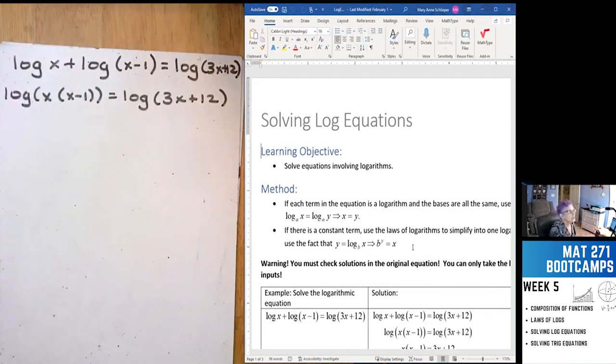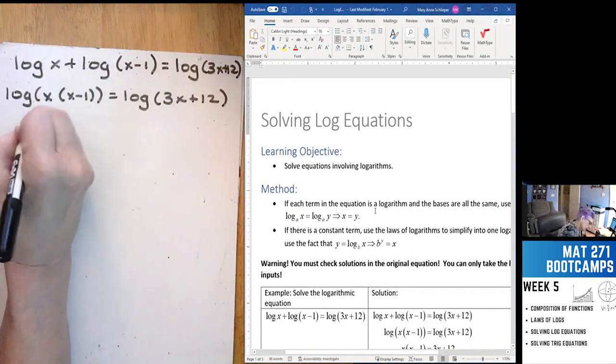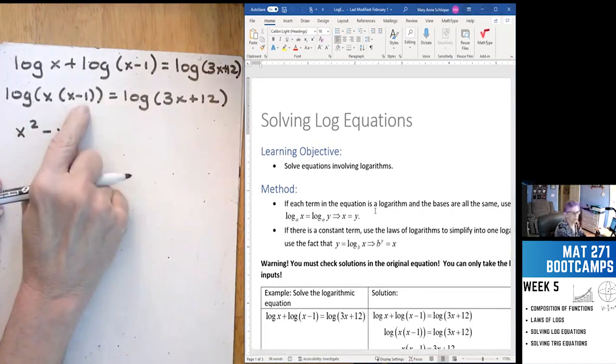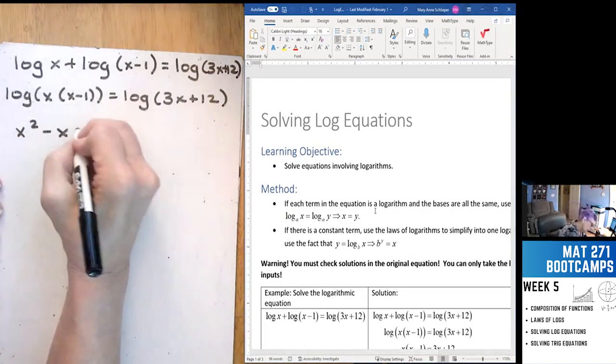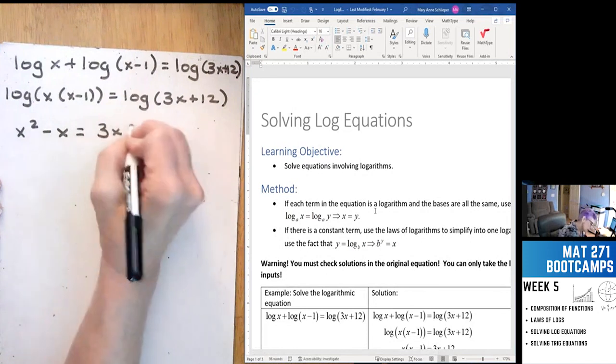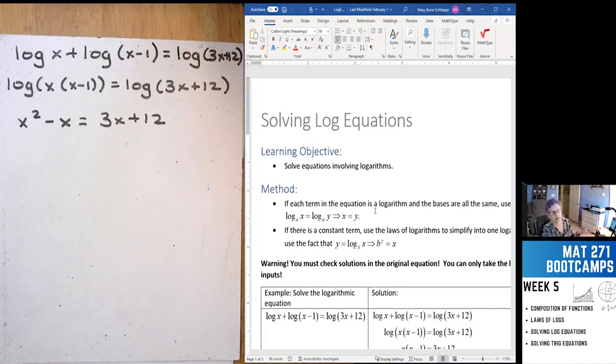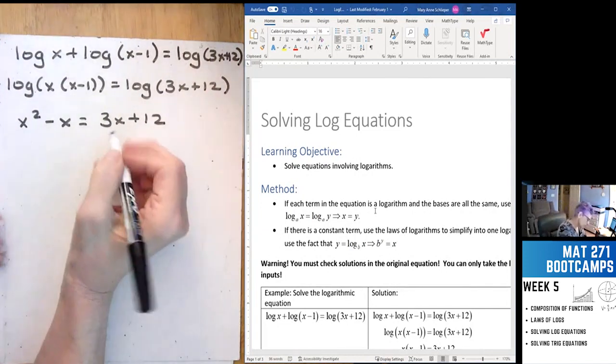Now I have this first situation here. I have log base 10 of x times x minus 1 equals log base 10 of 3x plus 12. So x times x minus 1, which I'm going to go ahead and distribute, has to be equal to 3x plus 12. And now we're back to what we learned last week, solving polynomial equations.